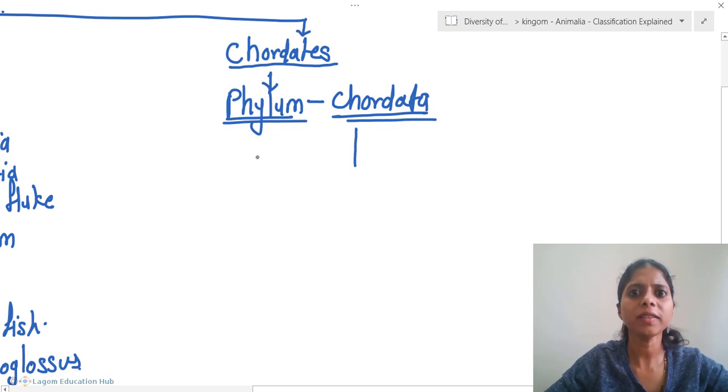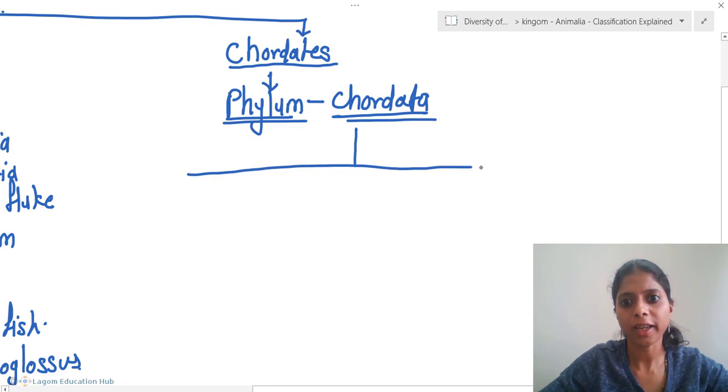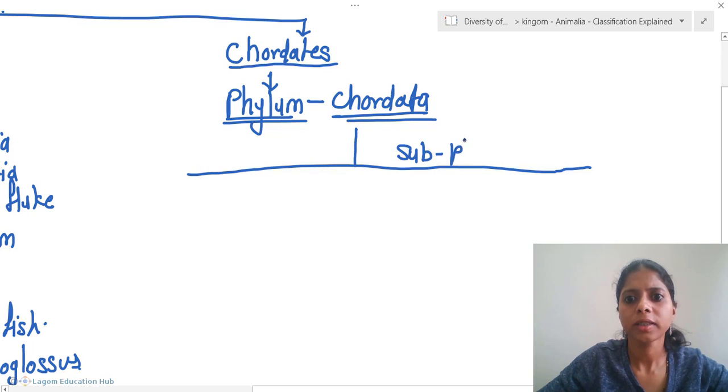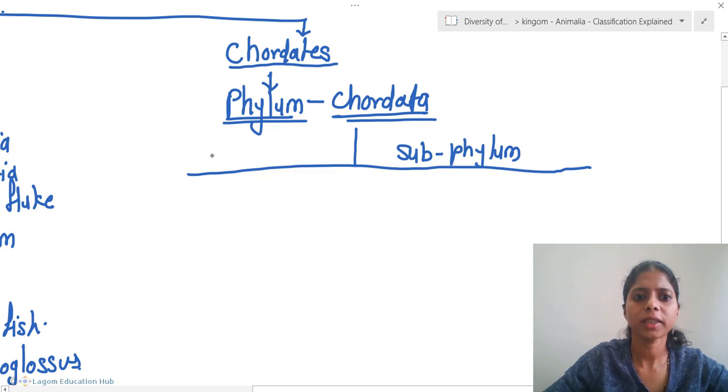Now when we consider this phylum Chordata, see, this is a phylum. So further it is classified into subphyla. Now this subphylum classification is basically based on the fate of notochord.